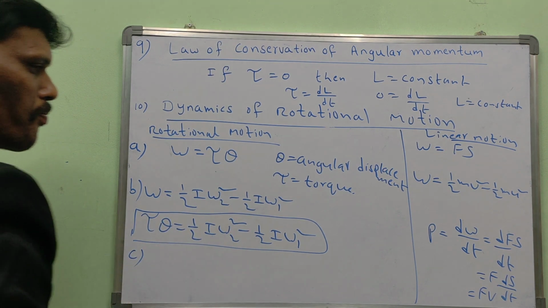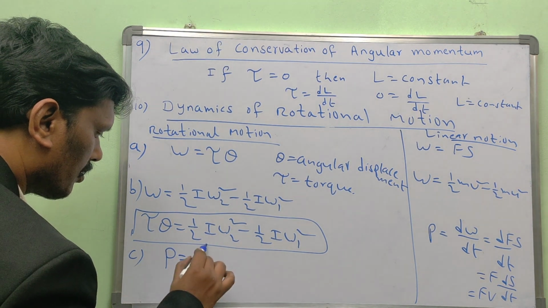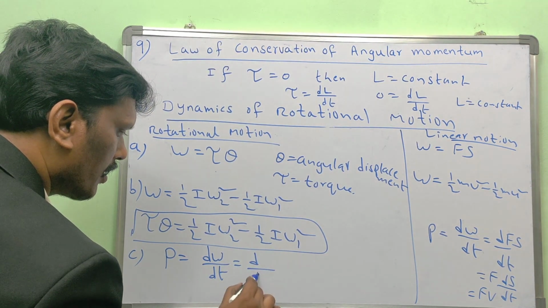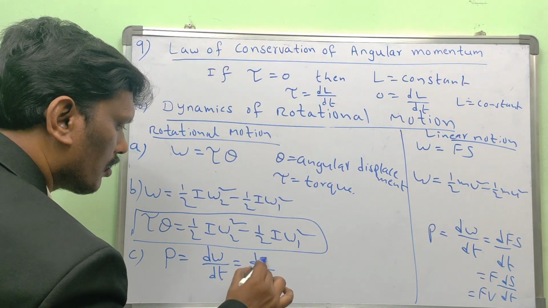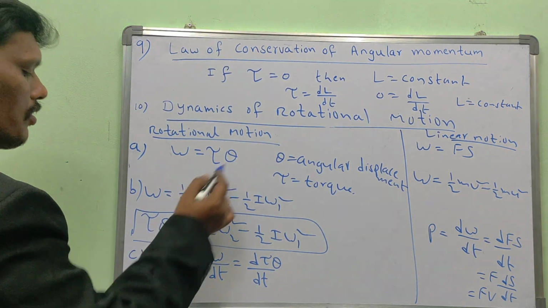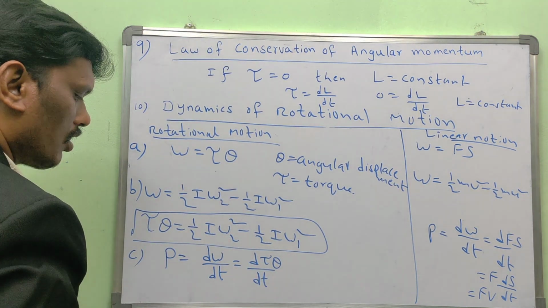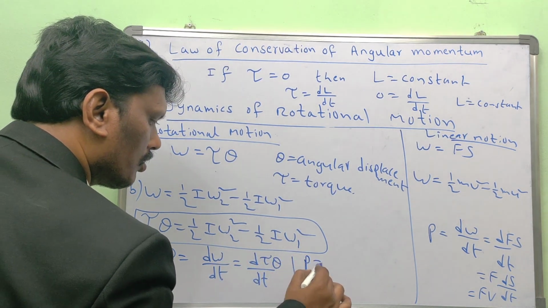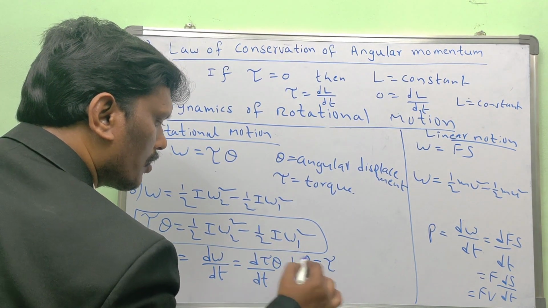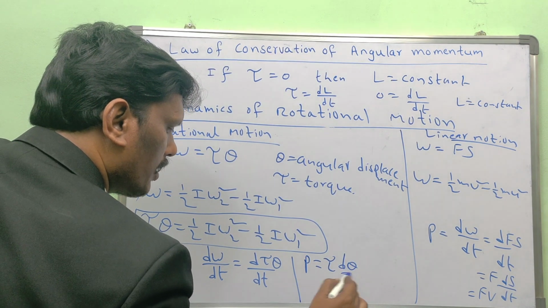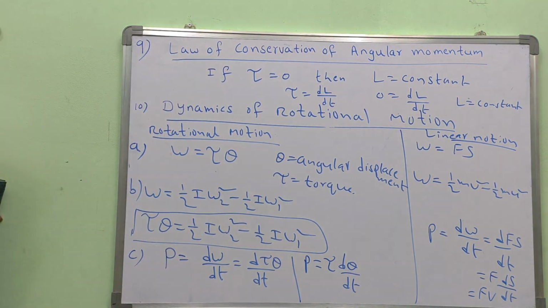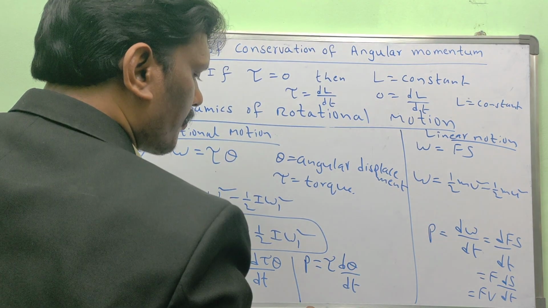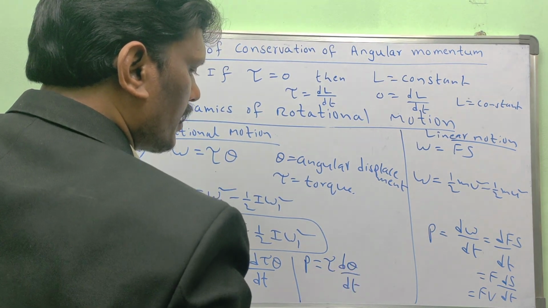Now formula C. Power is equal to dW by dt, and W here is tau into theta. Suppose tau is constant, then power is tau into d theta by dt. This is the power formula. What is d theta by dt?